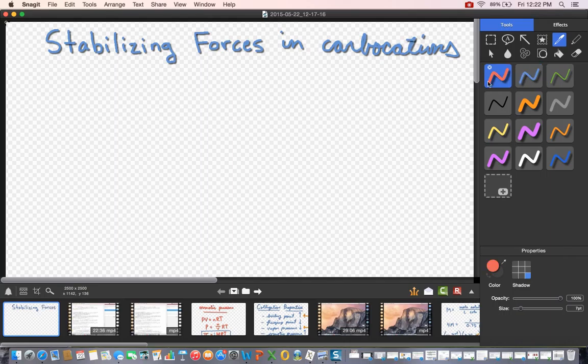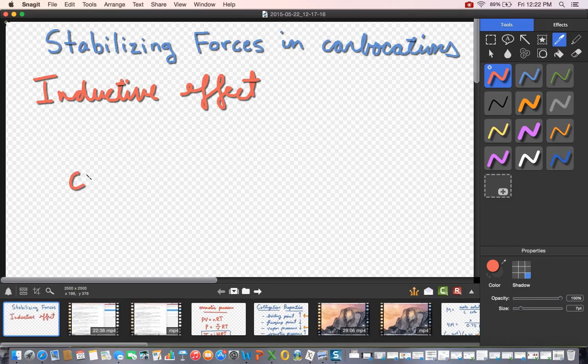So let's first talk about the inductive effect. I can have a carbocation that can be classified as methyl, as primary, as secondary, or as tertiary.